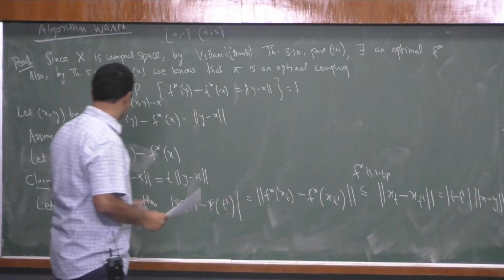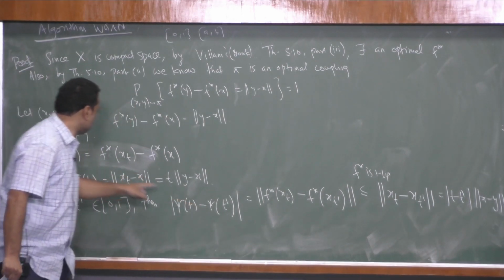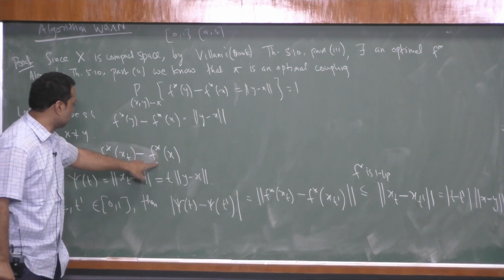So let us look into what we did. Let us take t prime in 0 1, and look at the difference psi t minus psi t prime. So psi t as it's defined is f star xt minus f star x, and then we are subtracting psi t prime. So psi t prime is f star xt prime minus f star x.